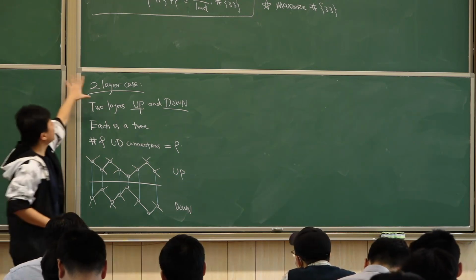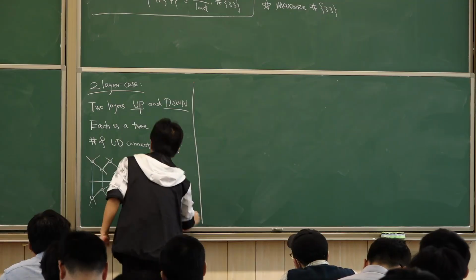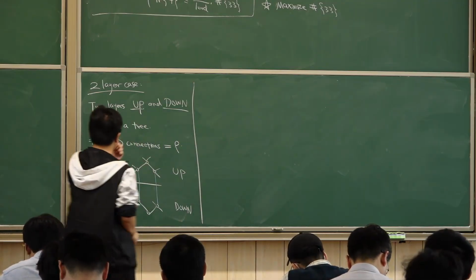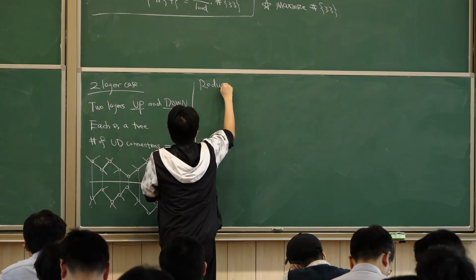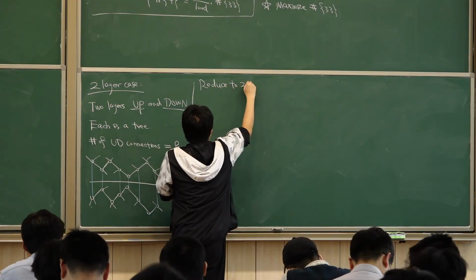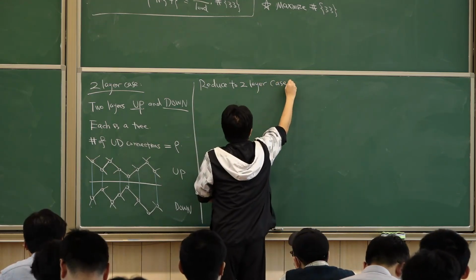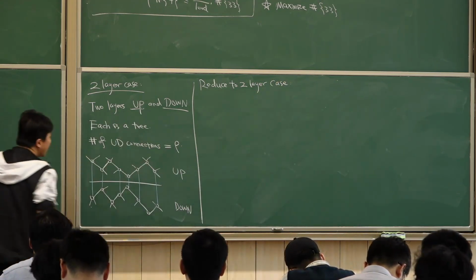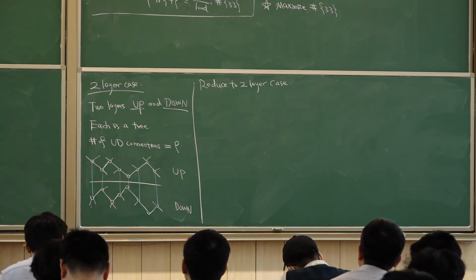So we'll talk about the two-layer case tomorrow, and today let's see how we reduce a multi-layer case to a two-layer case. This is actually not very hard, but formally the picture may be complicated and have multiple layers.